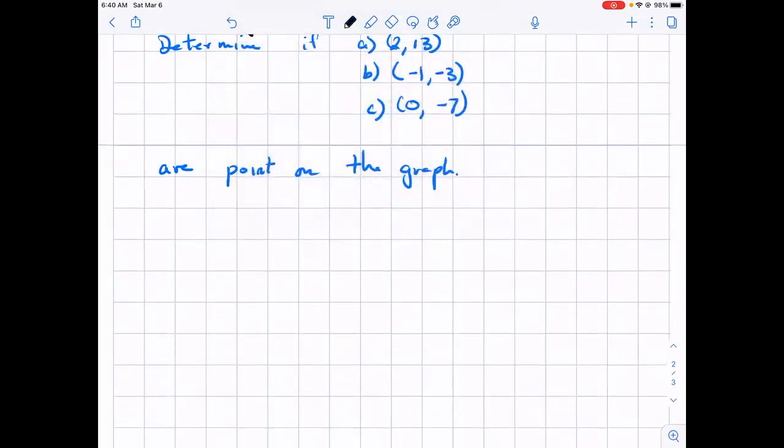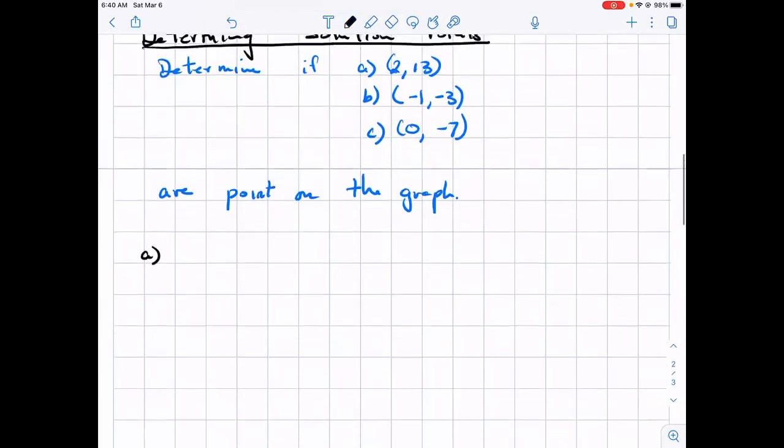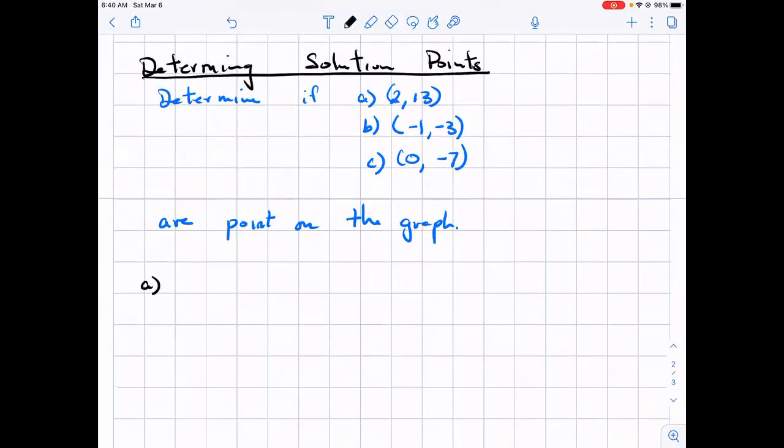So the first one, A, and I should say, the graph here is of y equals 10x minus 7. That's what we want to determine.